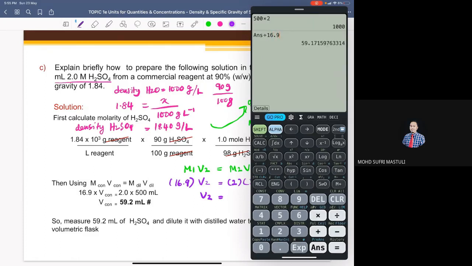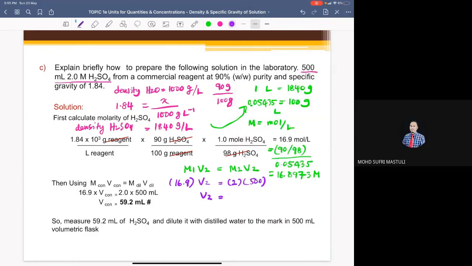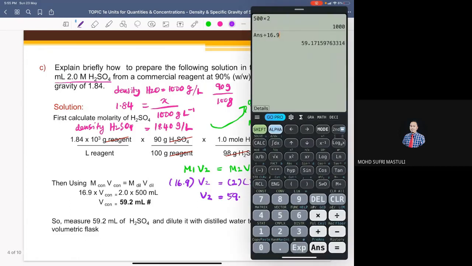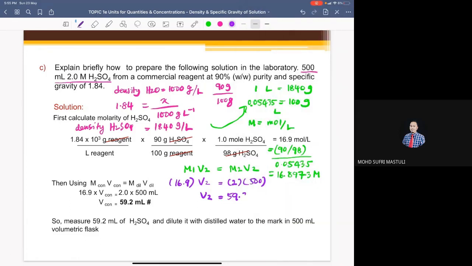So you obtain 59.2 ml. So how to prepare?